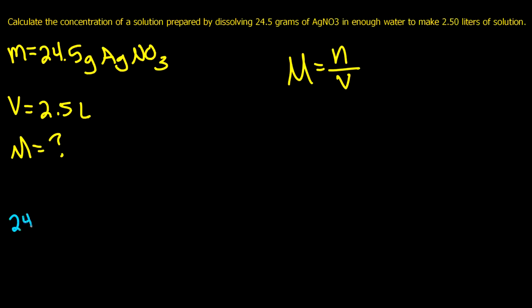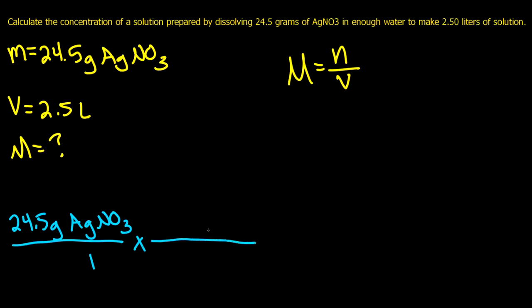First thing we got to do is convert this mass to moles. I got 24.5 grams silver nitrate. Convert that to moles of silver nitrate. So 1 mole of AgNO3 is how many grams? Well, let's use our periodic table and add that up.